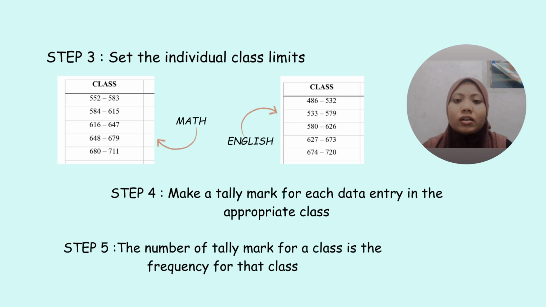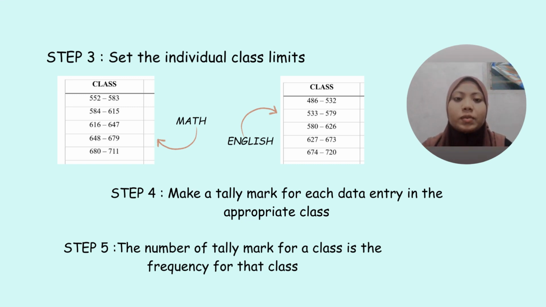The upper limits of the other classes are 583 plus 32 equals 615, 615 plus 32 equals 647, and so on until class 5. For the English SAT score, we need to add the class width of 47.